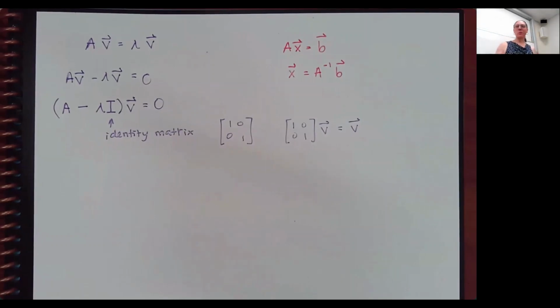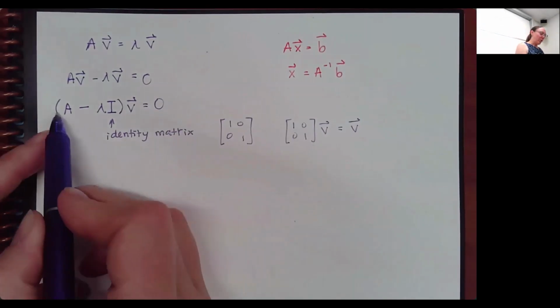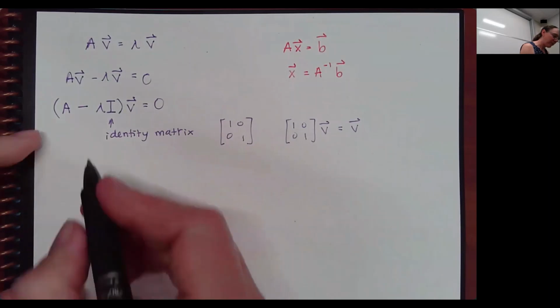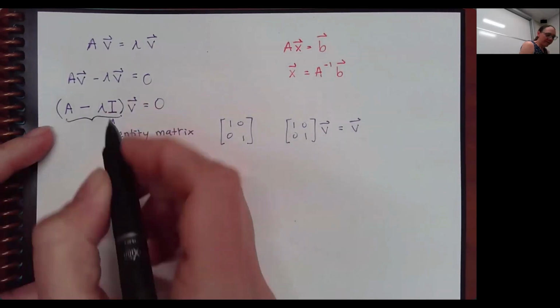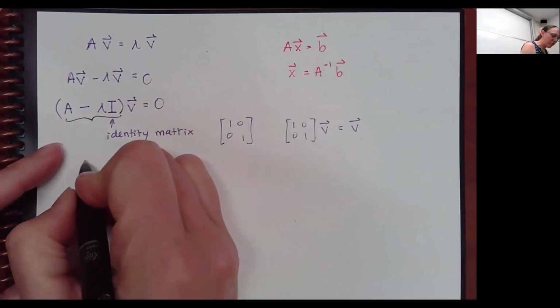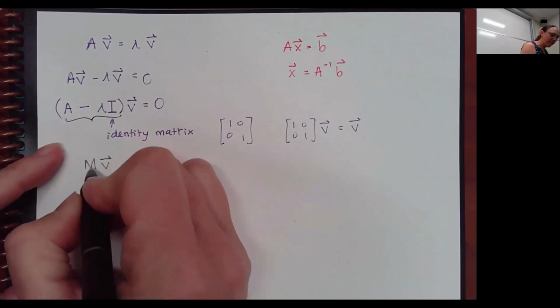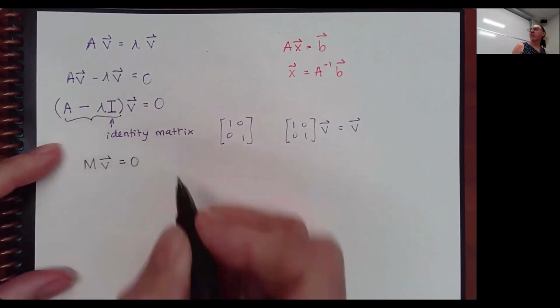So it's kind of like saying we're multiplying by 1. So I'm going to rewrite this to think about this part being a matrix M. So I've got a matrix M times a vector, and that's equal to 0.